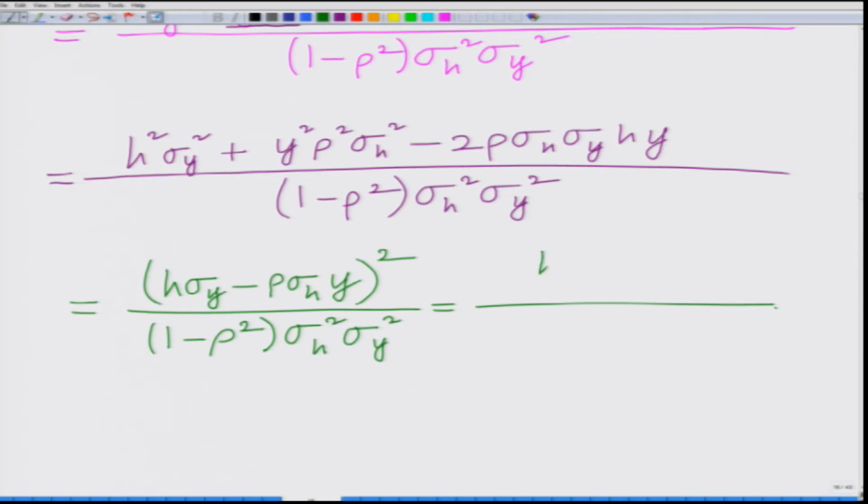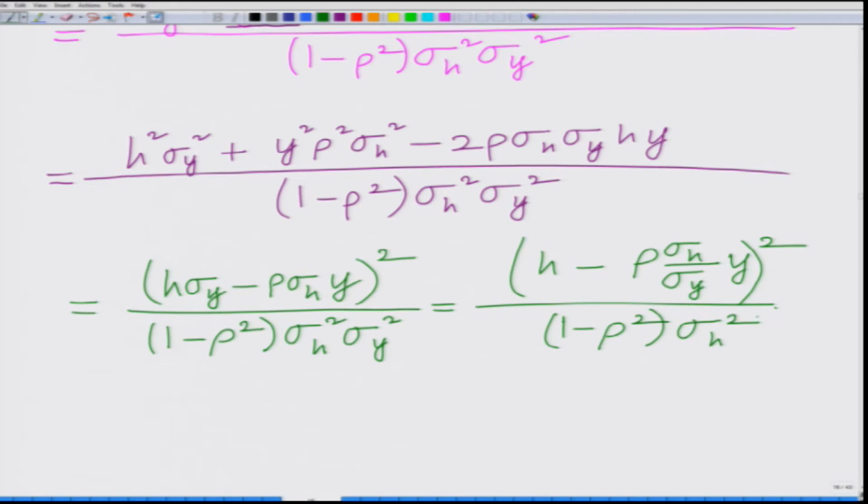What I am going to have is (h minus rho sigma_h/sigma_y times y) whole square divided by (1 minus rho squared) sigma_h squared, because sigma_y squared cancels from the numerator and denominator.